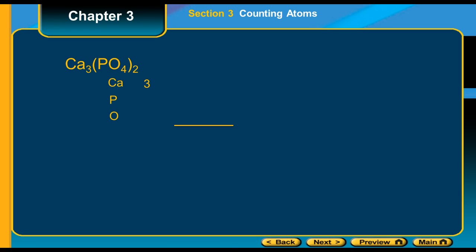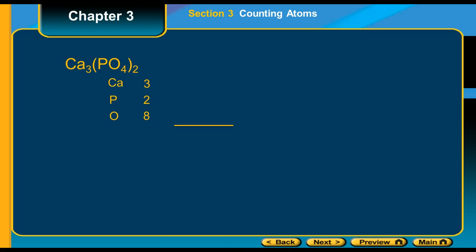How many phosphorus? Now this is where the parentheses comes into play. The parentheses, just like in math, means that you distribute the number right outside of it if there's no math function. So that 2 is directly outside the parentheses, so it will distribute to both the P and the O. So for our P, we have 2. For our O, we now have 4 times 2, so 8.